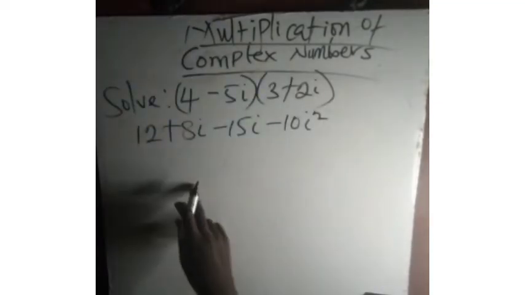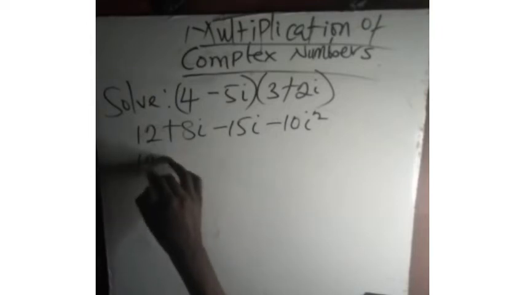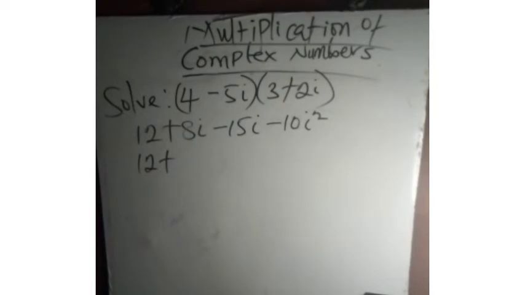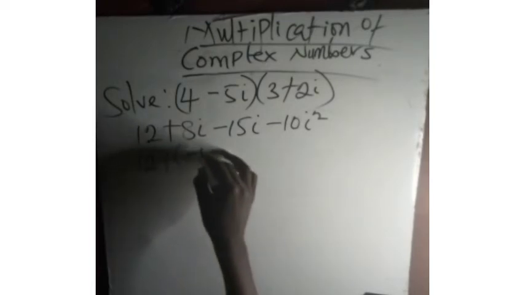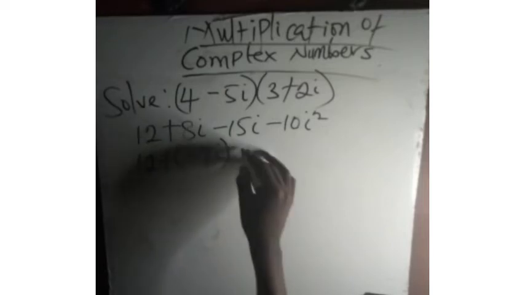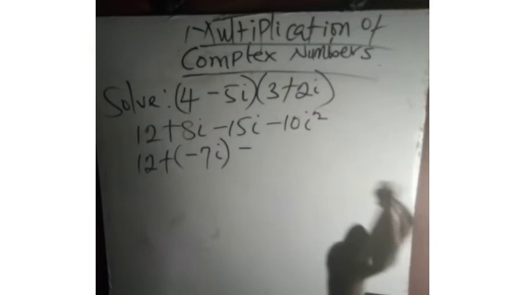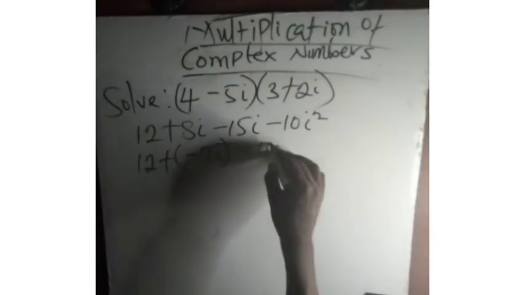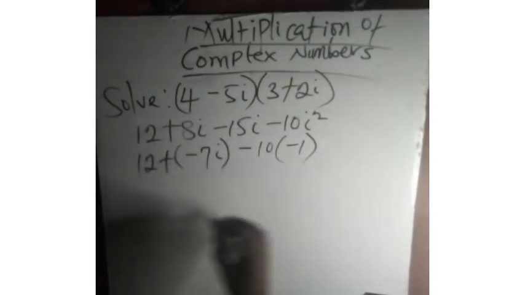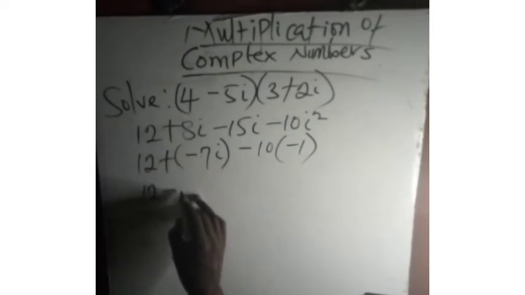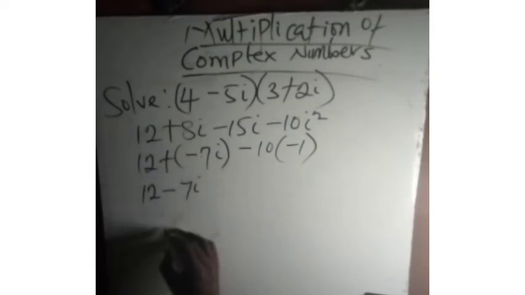So from here, I have 12 plus 8i minus 15i, that is minus 7i. Then minus, recall that i square is minus 1. So this is minus 10 all into minus 1. So I have 12 plus times minus is minus 7i, right?